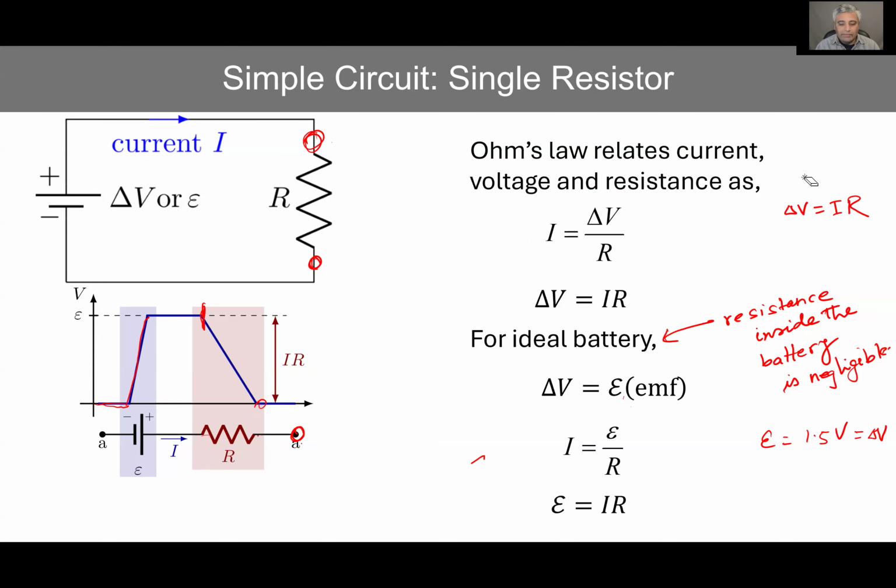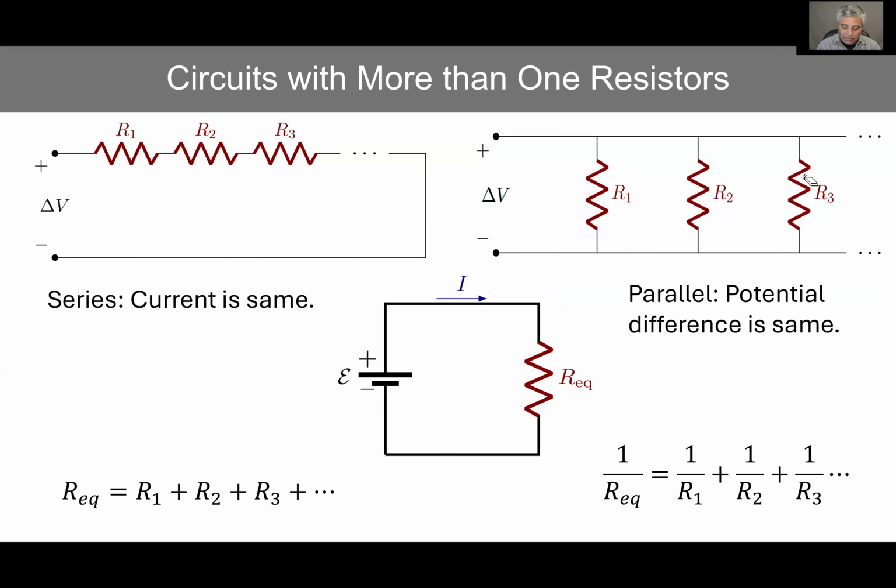But we can have multiple resistors connected. For example, if we have this connection, one after another, end to end, something like this, the three dots mean you can have any number up to n.